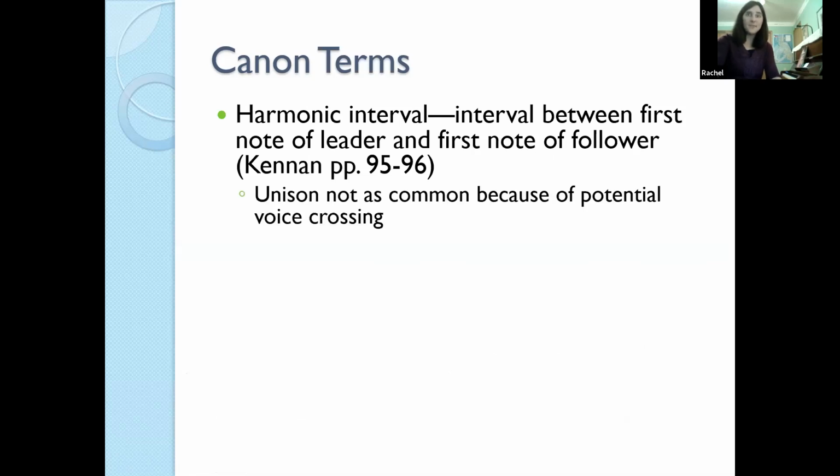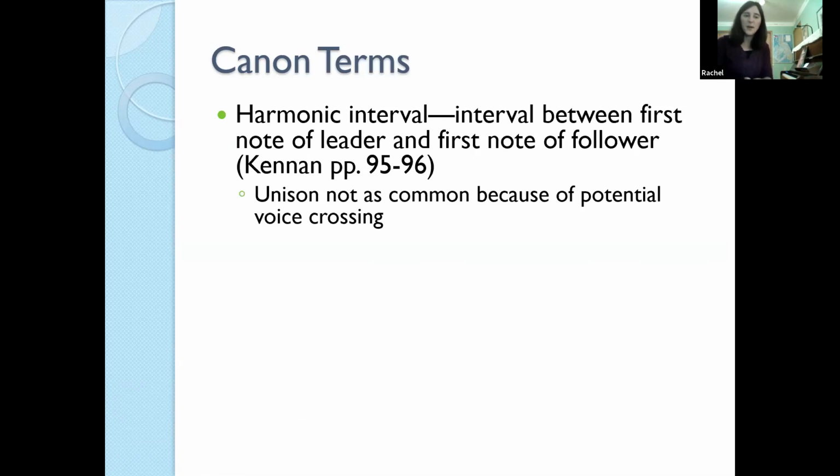And Kennan, who wrote a counterpoint textbook that I use in school, he says that unison is not as common because of the potential voice crossing. And you can see, or at least hear, my struggle with the voices crossing, okay? And again, that was because of the piano, but it depends on what you're going for. Maybe we're trying to avoid that kind of voice crossing.